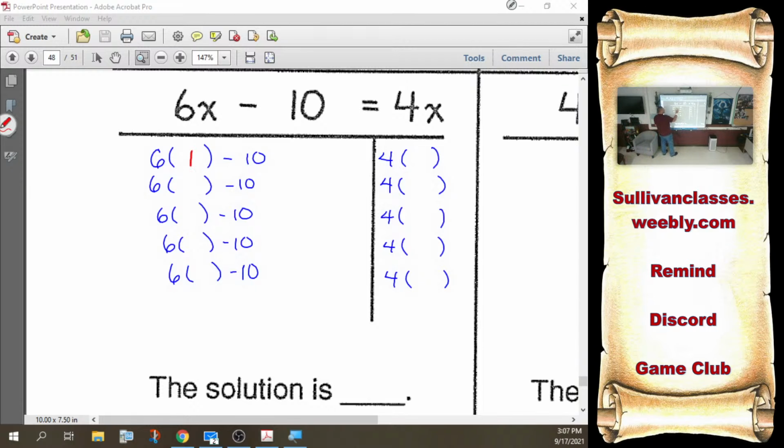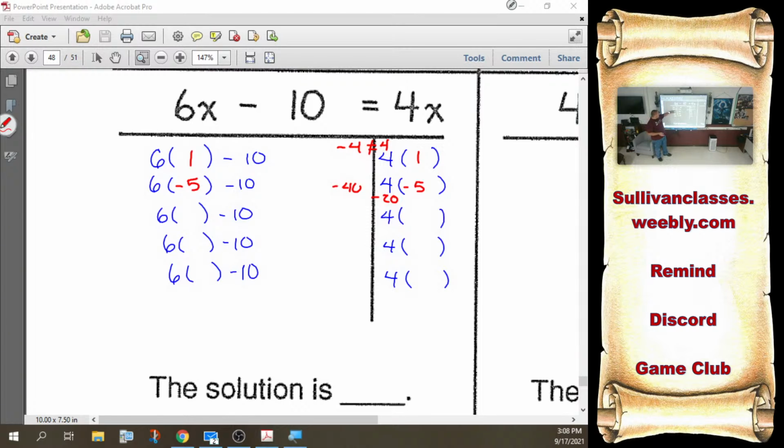Someone said 1, and you end up with negative 4 does not equal positive 4. Okay, I know that one doesn't work. What else? 5. Okay, so I'll try a negative 5. I see negative 30 minus 10 is negative 40, and 4 times negative 5 is negative 20. They got further apart, right?